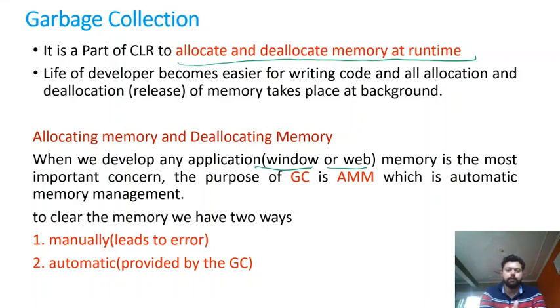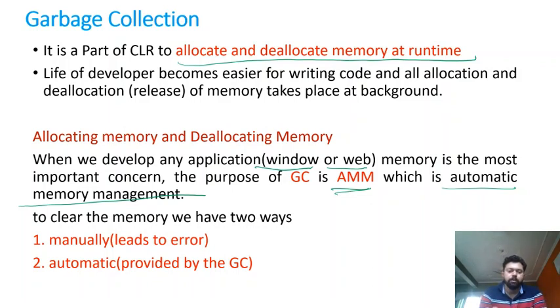So what is the purpose of garbage collection? The purpose of garbage collection is to provide AMM. What is AMM? When I say GC, it is garbage collection. AMM means automatic memory management. So the purpose of garbage collection is to provide automatic memory management, which is called AMM.